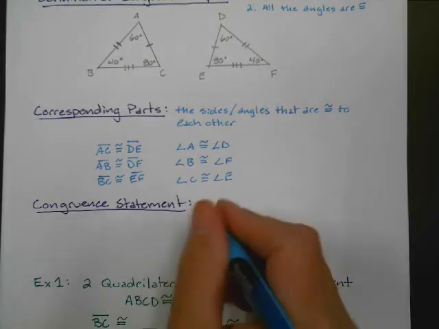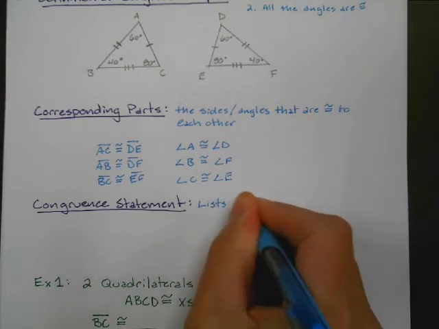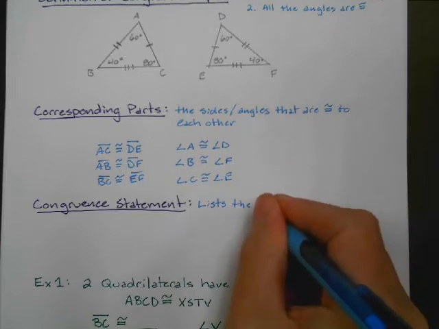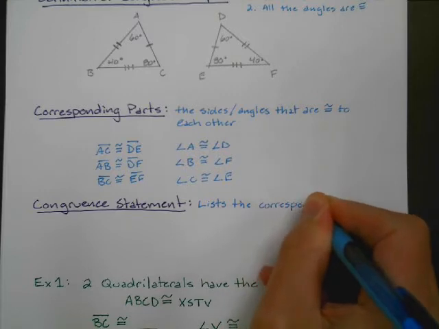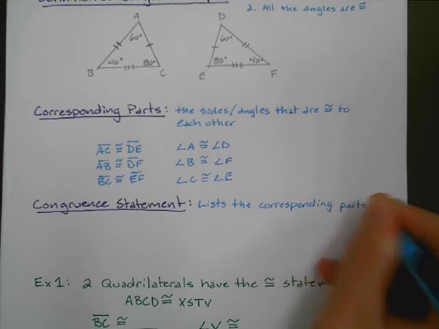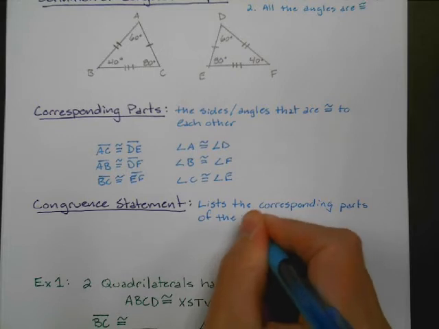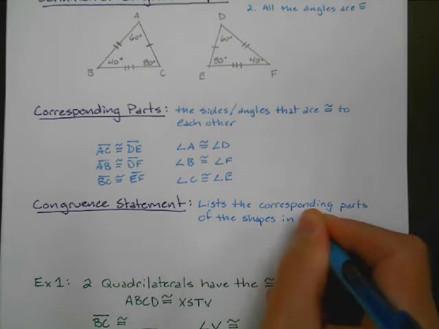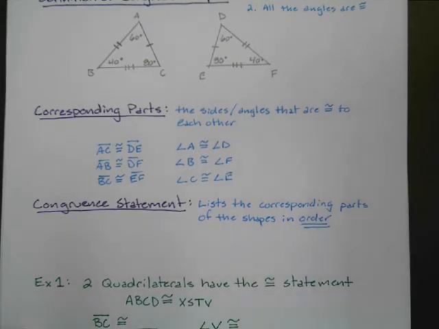So a congruent statement lists the corresponding parts of the shapes in order. They must be in the correct order when you do a congruent statement.